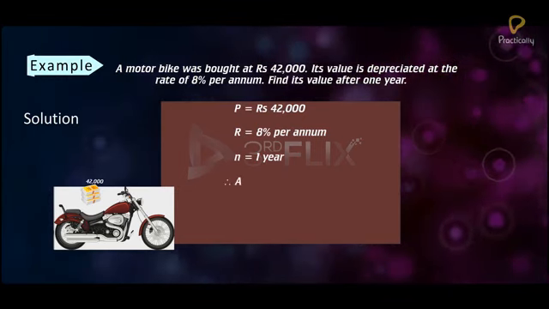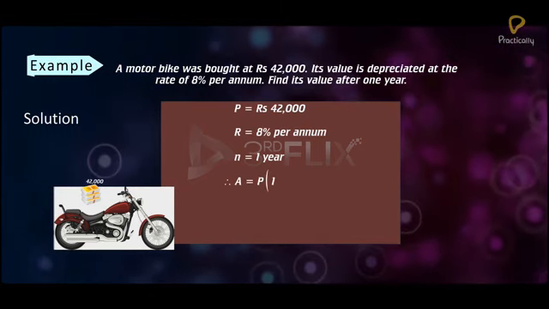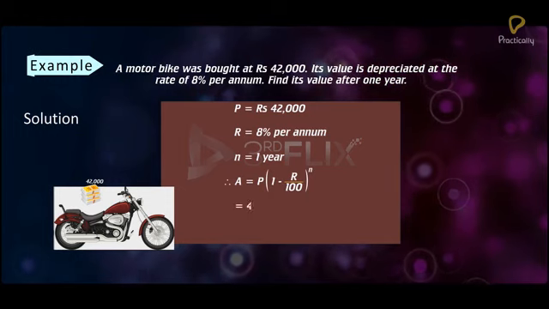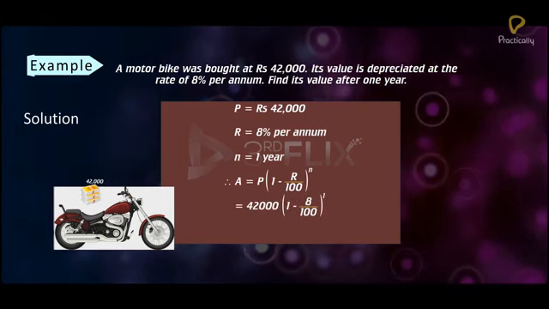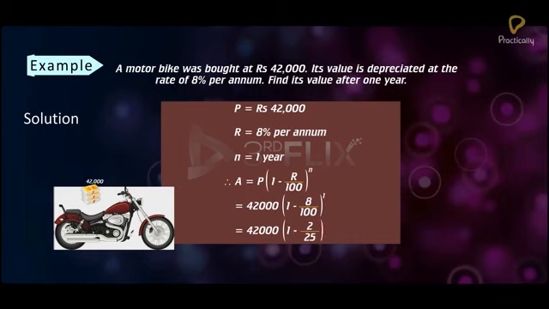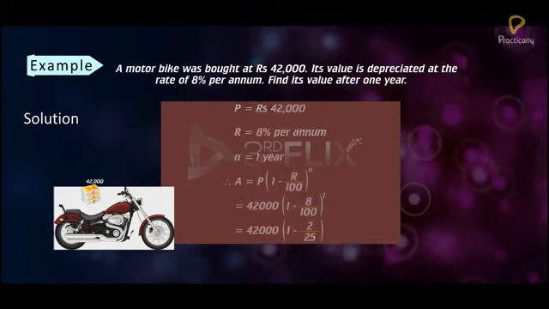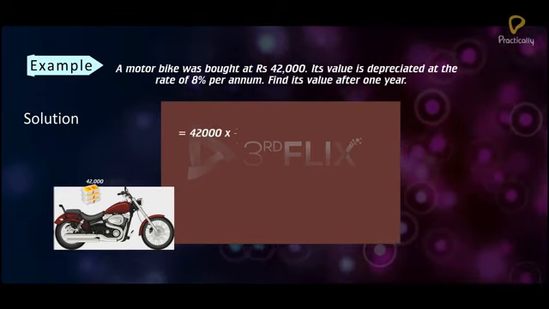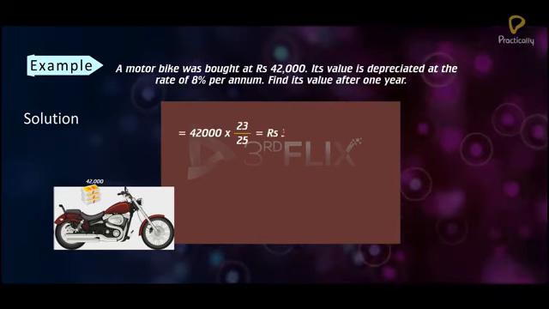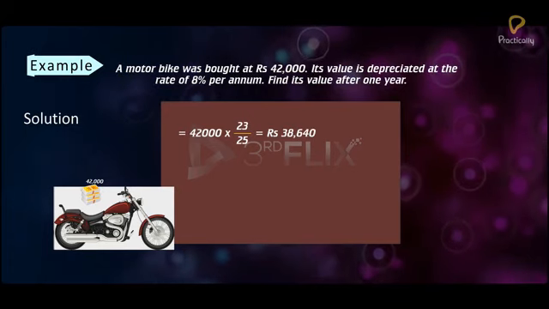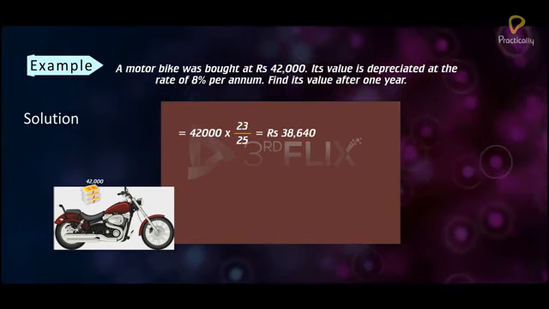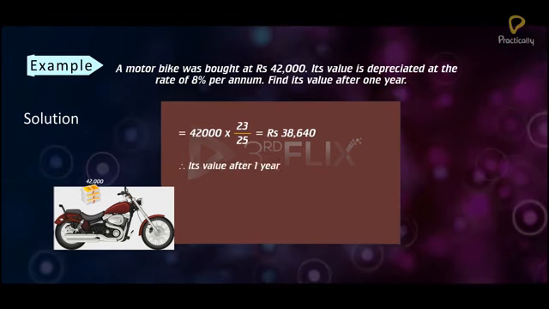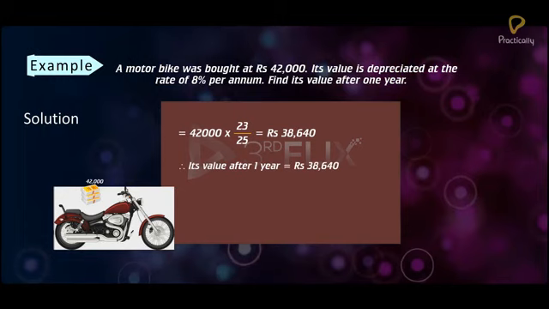As we know, A is equal to P into (1 minus R by 100) whole power N. By substituting the respective values and simplifying, we get A is equal to rupees 38,640. Therefore, its value after 1 year is rupees 38,640.